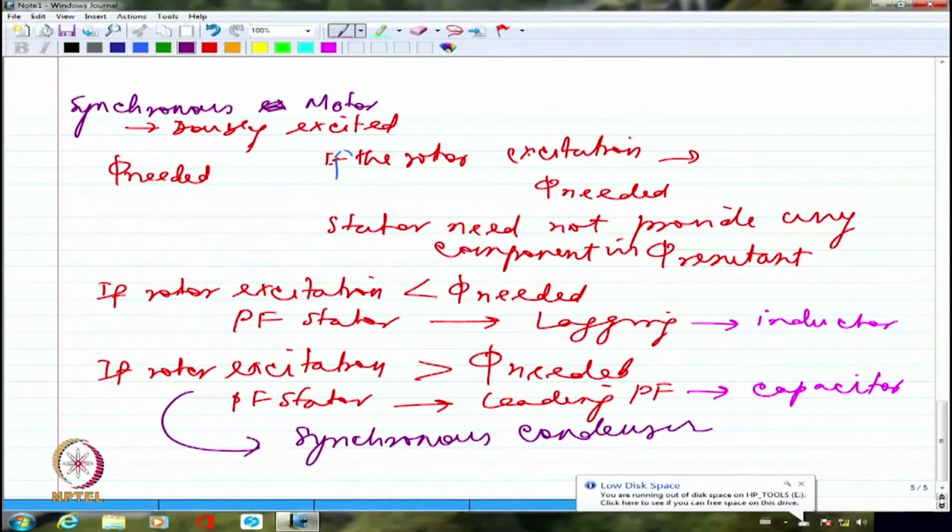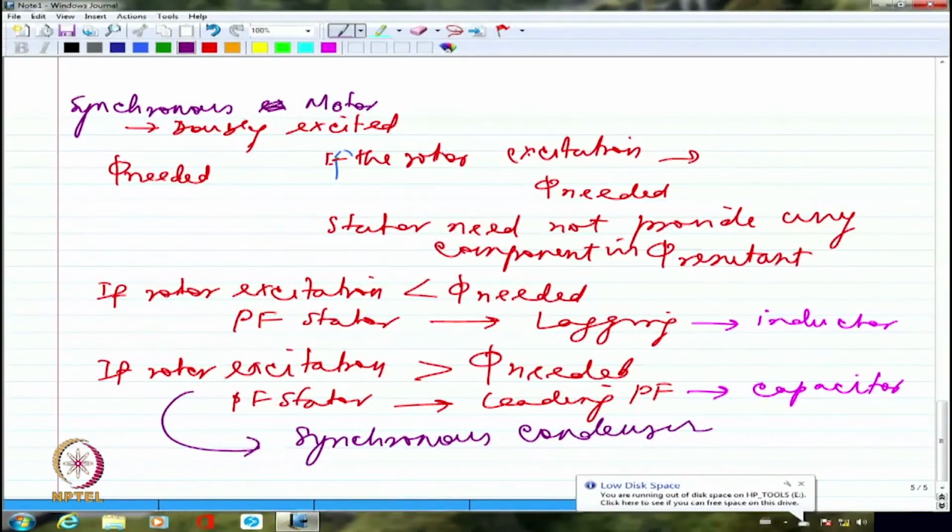Because of this particular property of the synchronous machine, which can work at unity power factor, I can have lower current being drawn by a synchronous machine of the same capacity to deliver the same amount of power as that of an induction machine, because in an induction machine the power factor can be only 0.8 or 0.85 at the most.